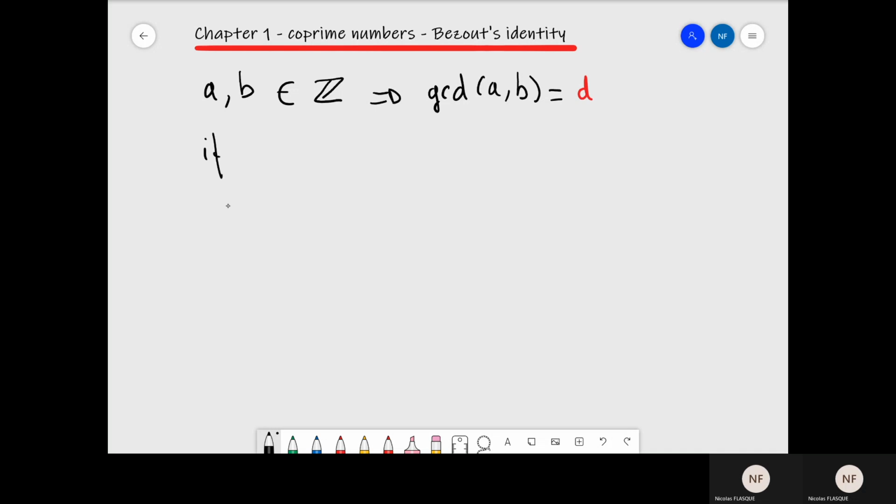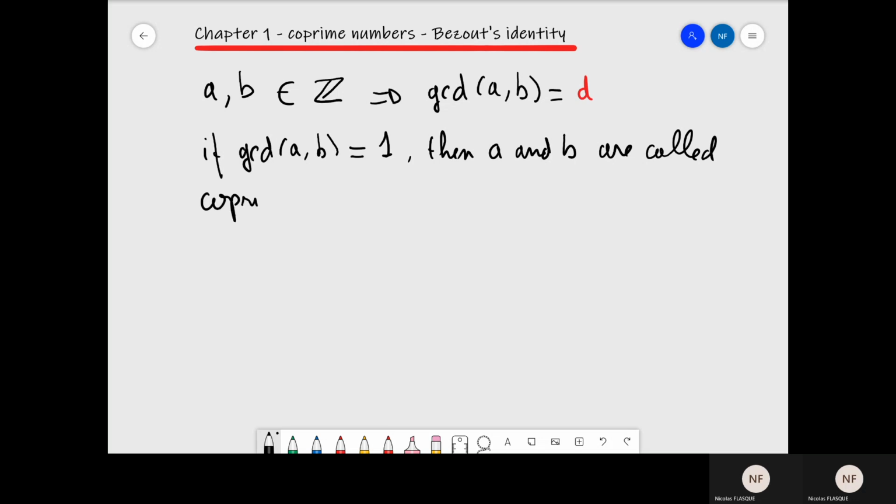Sometimes it happens that the GCD of a and b is equal to 1. Then the numbers a and b are called coprime numbers or relatively prime numbers.